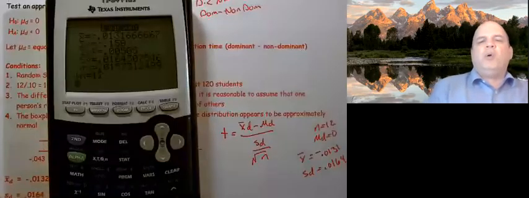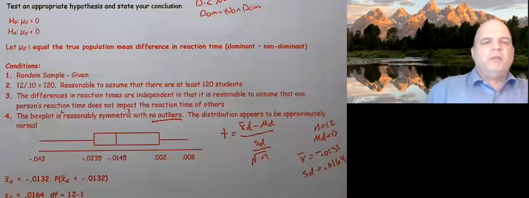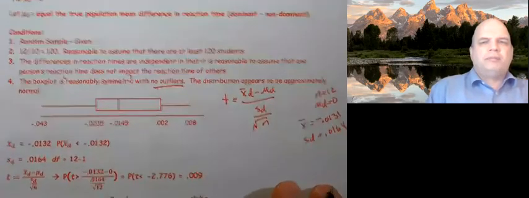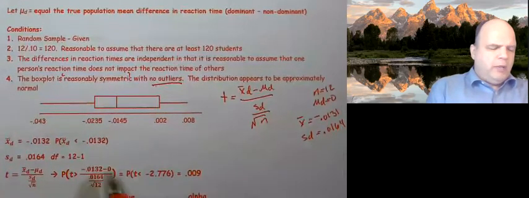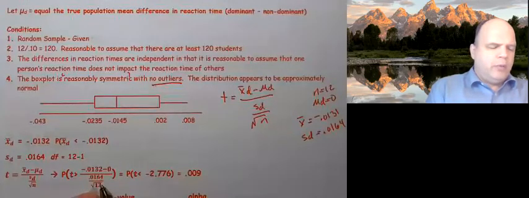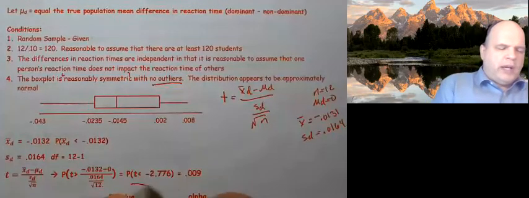All right, at which point I can plug those into my equation. So negative 0.031 minus our difference of 0 over the 0.0164 divided by the square root of 12 equals the probability, and let's figure out where we got that from.